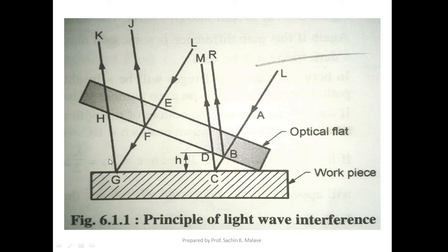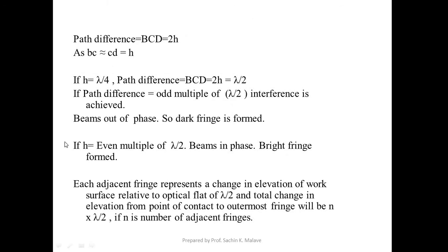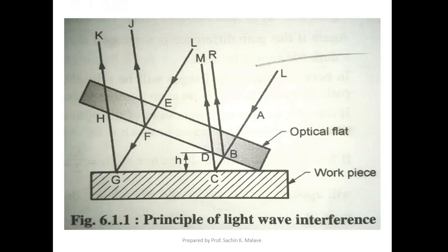By getting this, we can conclude that each adjacent fringe represents a change in the elevation of the workpiece surface relative to the optical flat of lambda by 2. Means what? The distance between dark fringes is going to be lambda by 2, isn't it?